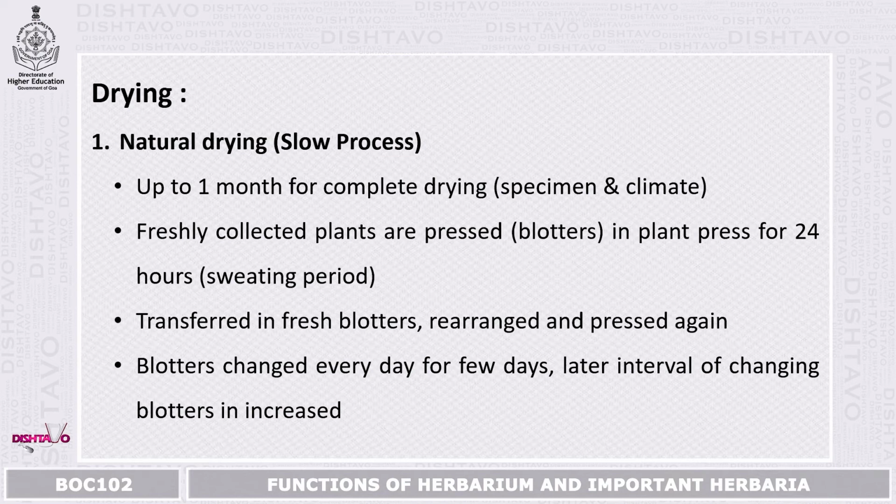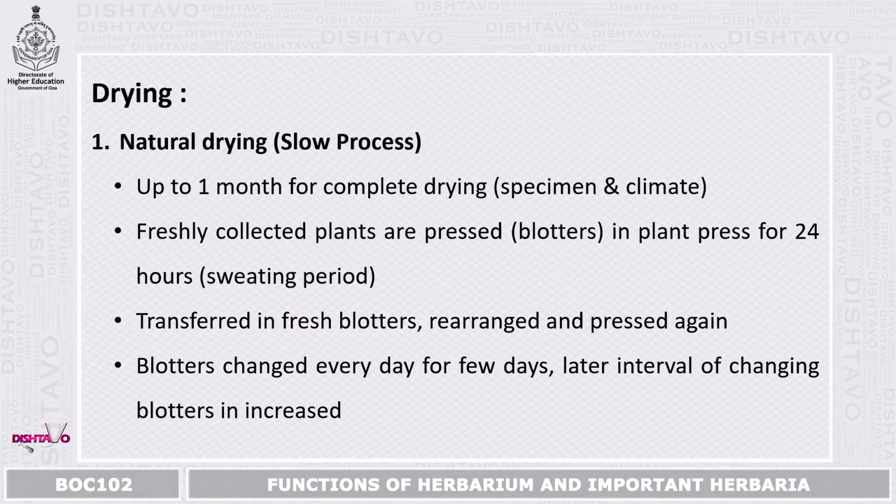The process depends on the type of specimen to be processed and the climate prevailing at the time of preparing the herbarium specimen. Freshly collected plants are pressed in between blotters in a plant press for 24 hours. During this period, plants lose the maximum amount of water, and this period is called the sweating period.